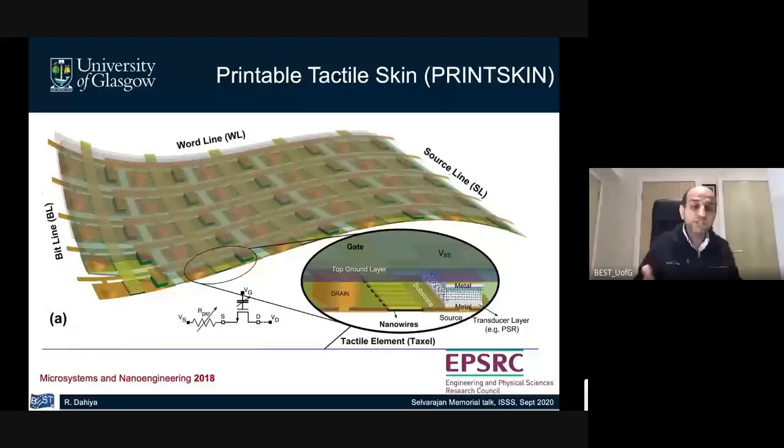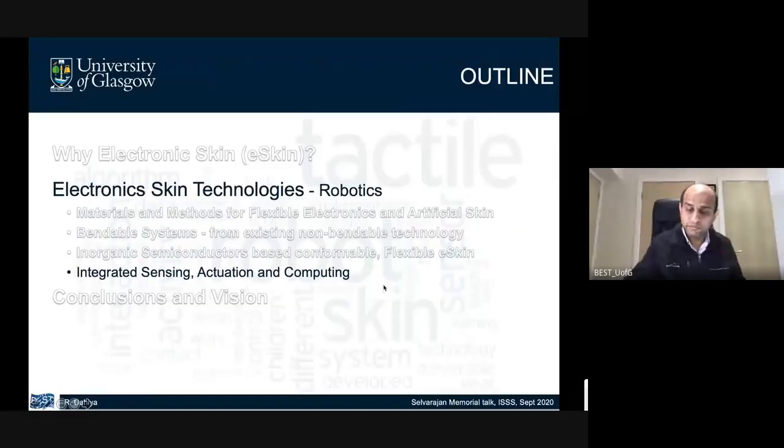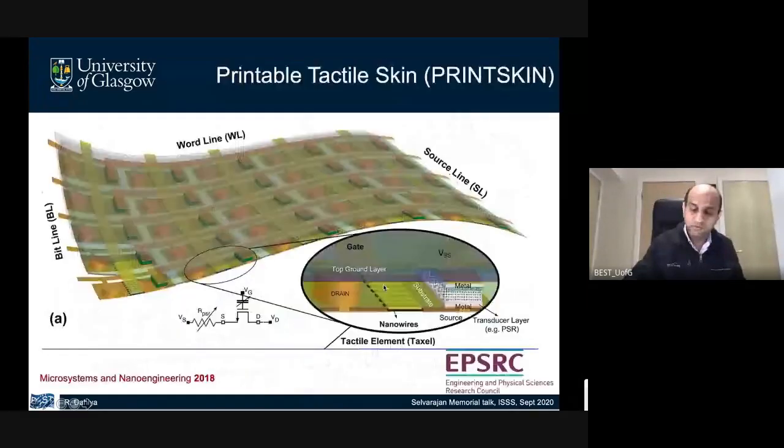How we could extend it towards large area skin is shown in this slide. This is the transistor made of nanowires. You have printed nanowires, an array of printed nanowires, and this is the source, this is the drain, and between drain and this could be the ground. Between them you can also include a pressure sensitive rubber.